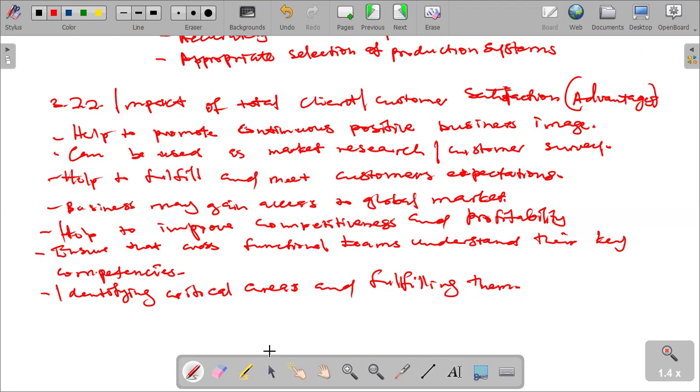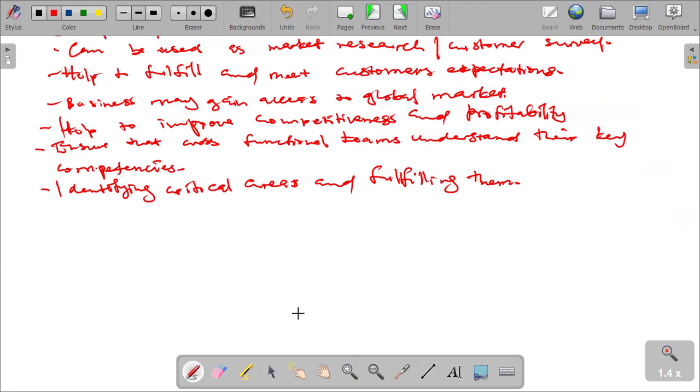And then we can quickly give the disadvantages, the negatives of it.